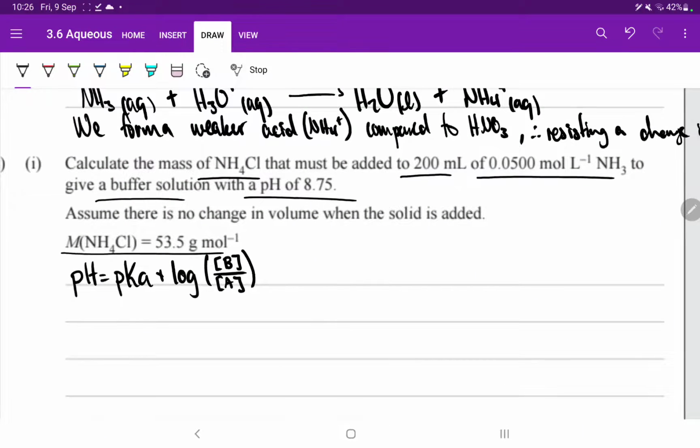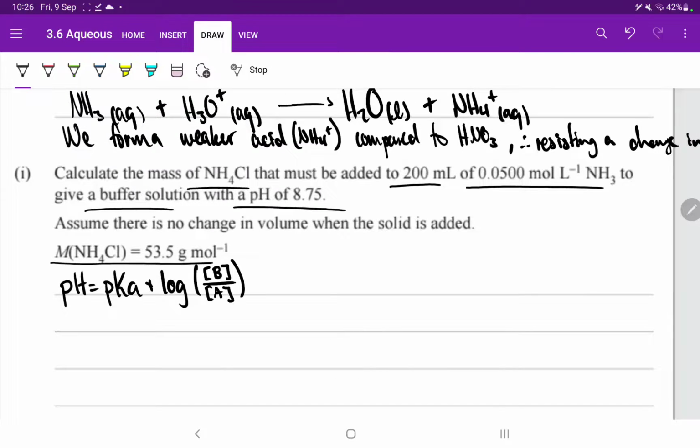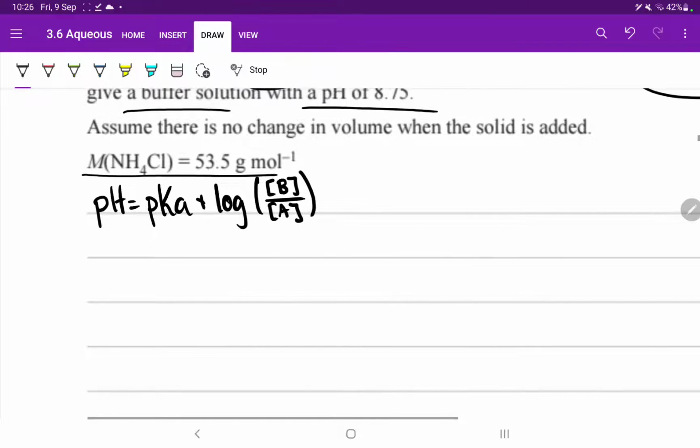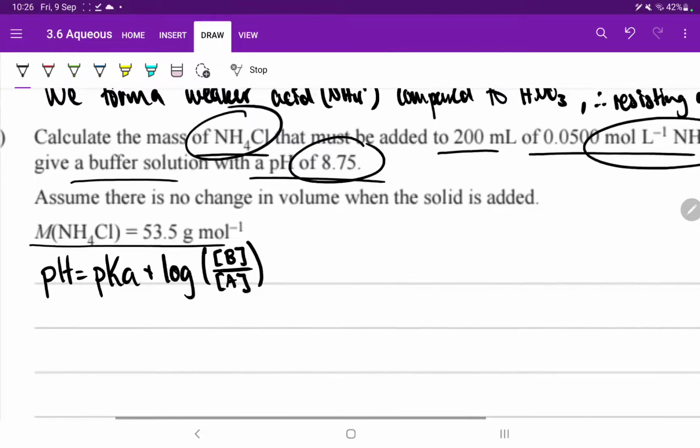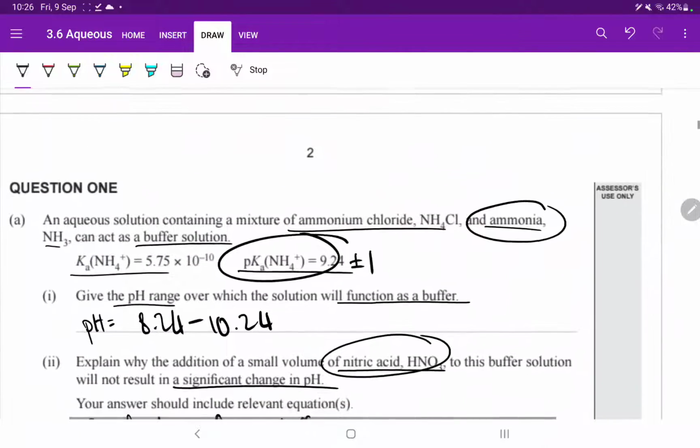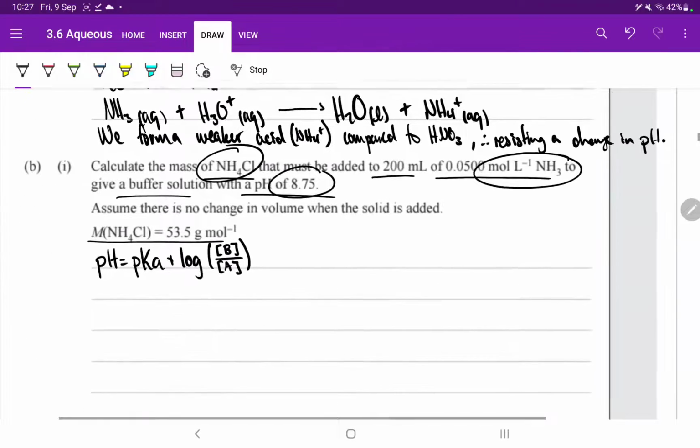Here we are given the concentration of the base component, but we don't have the concentration of the acid, which is what we're working out here in the ammonium chloride. But we know the pH, 8.75, and we know the pKa, 9.24.